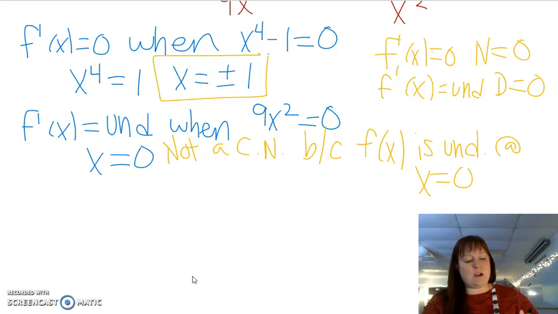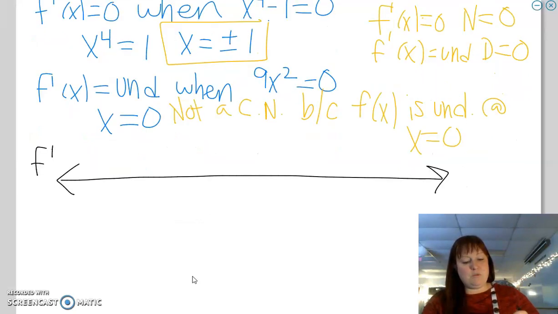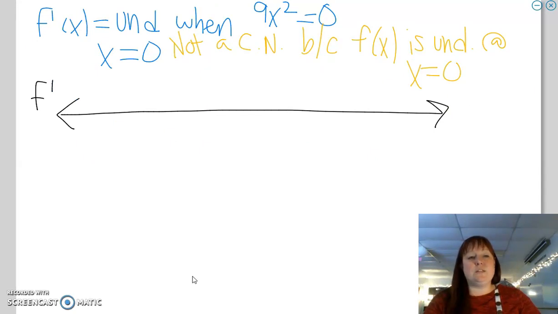Okay, so now we're going to make our f prime number line. And what you're going to remember is we're just trying to figure out what the function is doing at different places, so we're going to look at what the derivative is doing at those places. So we use all of our critical numbers and all of our domain restrictions.